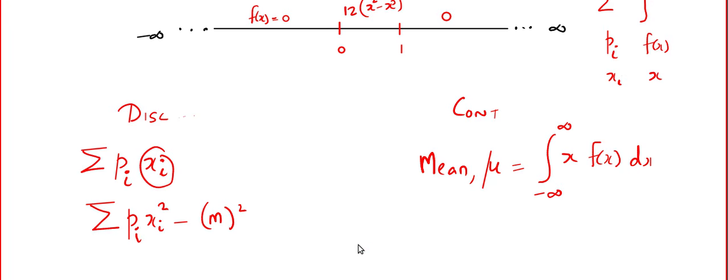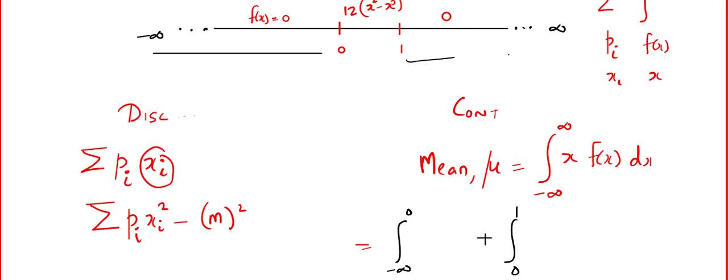Now look at this, it is split according to the numbers marked in the real number system: minus infinity to 0, plus 0 to 1, plus 1 to infinity.